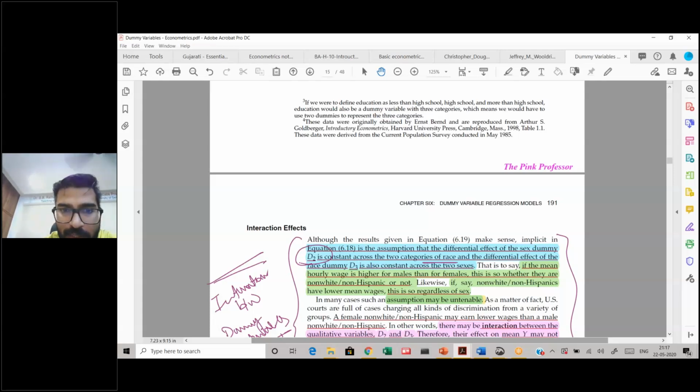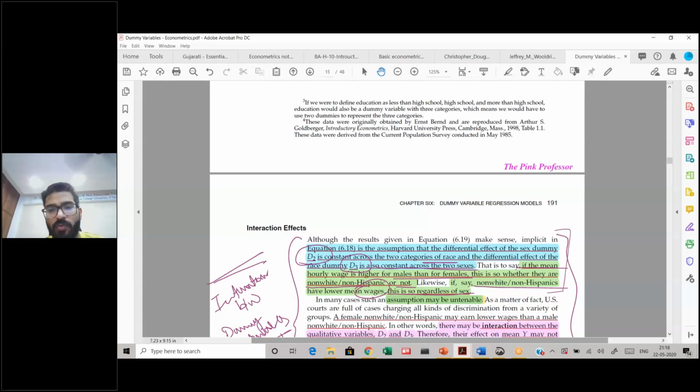Similarly, when we consider the differential effect of D3, that is also constant across both the sexes. Let's read it through: if the mean hourly wage is higher for males than for females, it is the same whether they are white or non-white. Similarly, if we say non-white, non-Hispanic have lower wages than whites, then it will be irrespective of their gender.